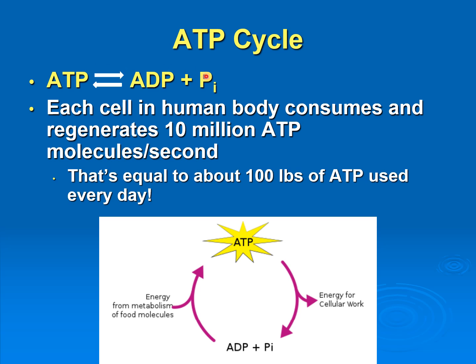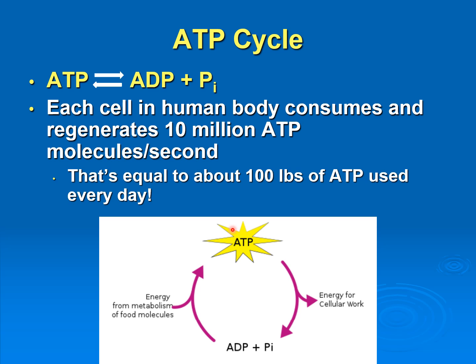So this reaction can just go back and forth. So we get this little cycle going on where we chop the phosphate group off the ATP, release its energy, use that energy to do work, and then we can remake the ATP, put some energy in, put that phosphate group back on, and now we have ATP again, and then we can reuse it.